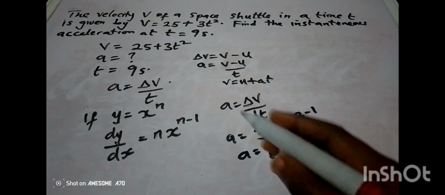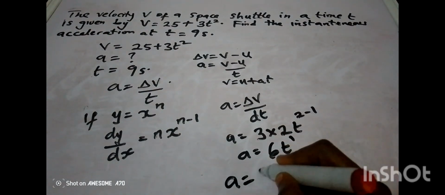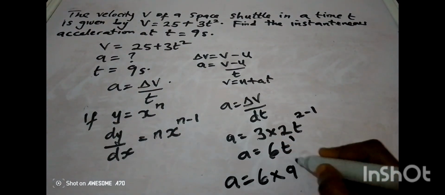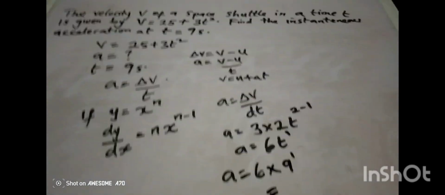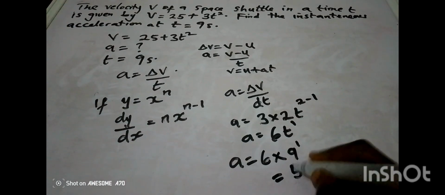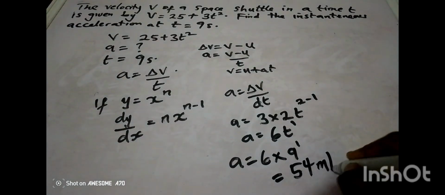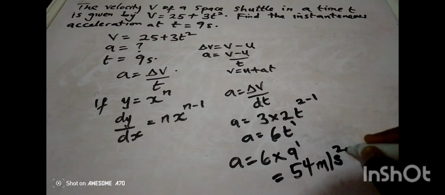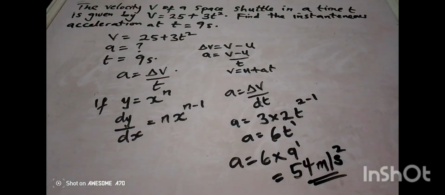And since our time is 9 seconds, acceleration is going to be 6 multiplied by 9 raised to power 1. 6 times 9 is going to give us 54 meters per second squared. So that's going to be our result for acceleration at that particular time t.